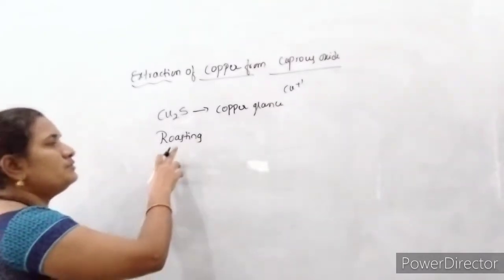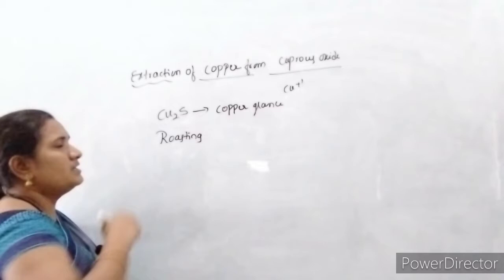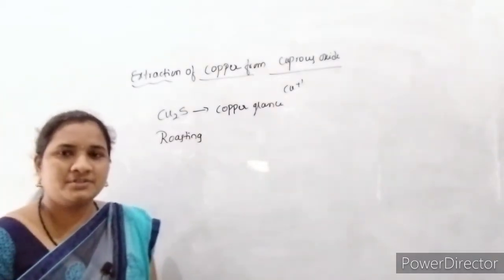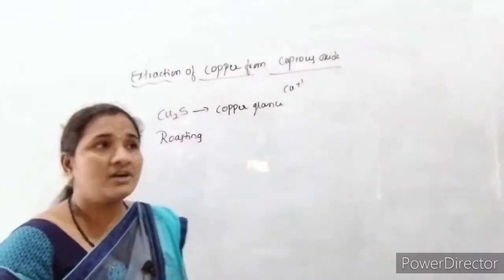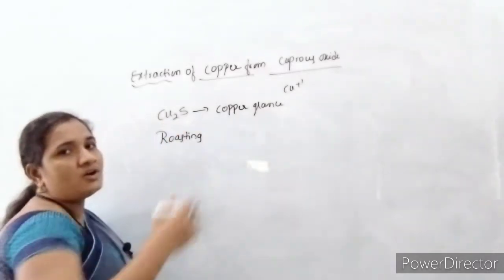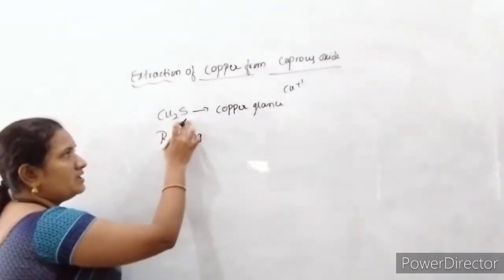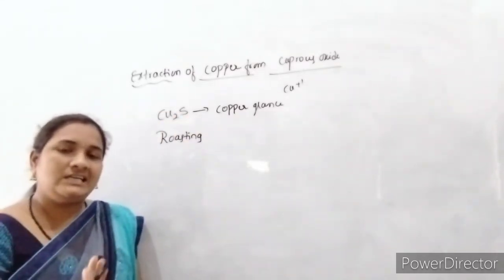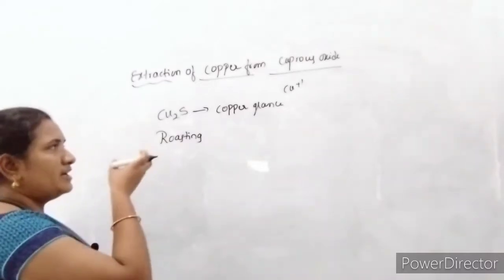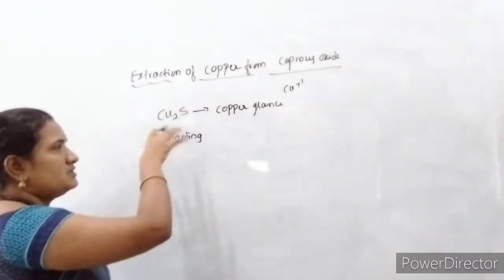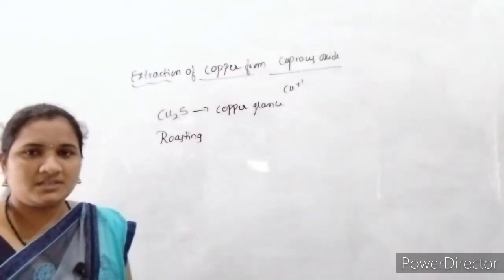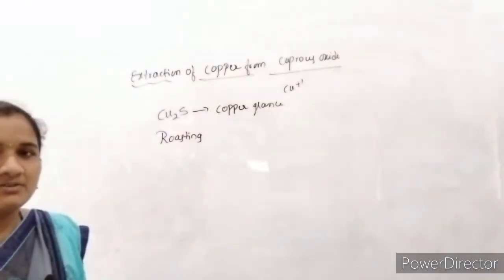We convert the ore into its oxides, here copper sulfide into copper oxide, because in the continuous supply of air, the metallic elements present in the ore interact with the oxygen and are converted into their oxides.